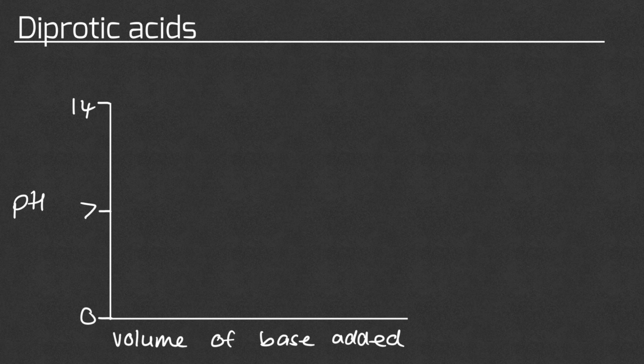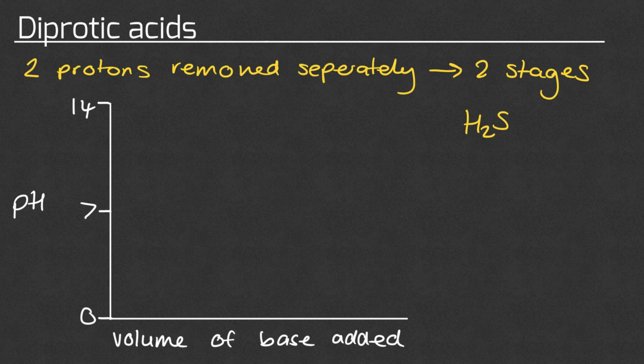The titration curves are a little bit different for diprotic acids. Just to recap, a diprotic acid is one which releases 2 protons. However, these protons are removed separately. There are 2 stages. So for example, let's look at the titration curve of sulfuric acid.